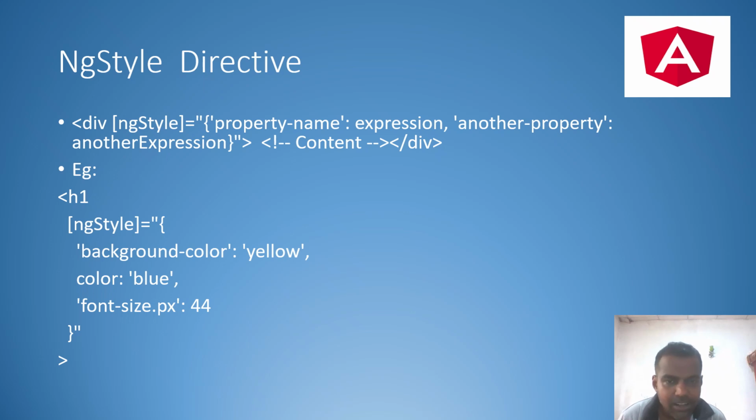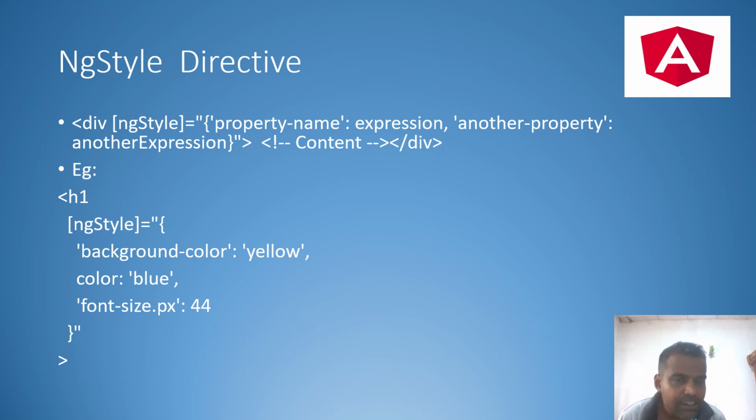Here you can see a property name like background color, and the expression means the color value, like we can say black or yellow. Another property we can say is font size, in px means pixels. We can display whatever numeric value of font size.